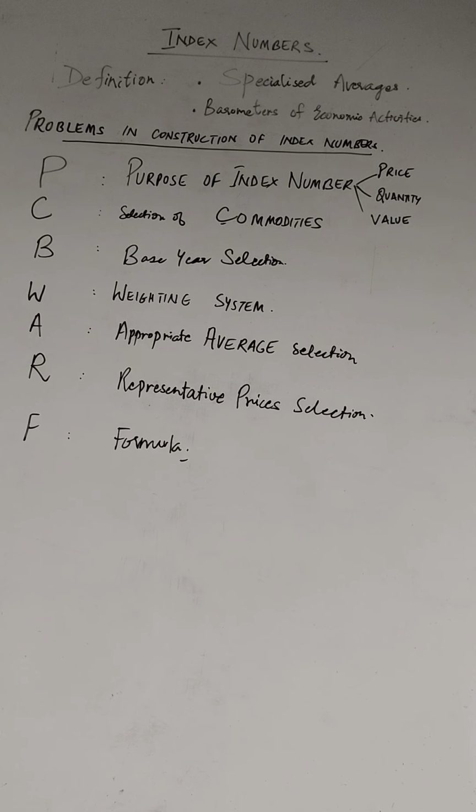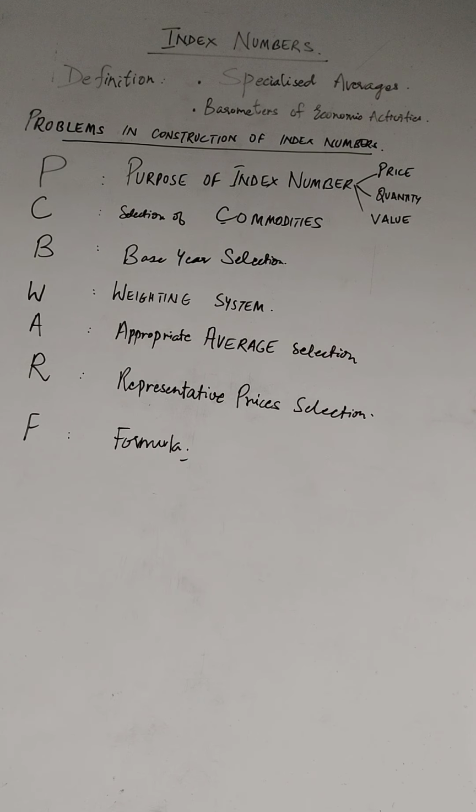And then we have what is known as F, that is formula, the selection of an appropriate formula. The last step involved in the construction of an index number is to select an appropriate formula. Different formulae are used to construct index numbers, but it is necessary to select an appropriate formula. And ordinarily we find that Fisher's method of computing index number is considered ideal.